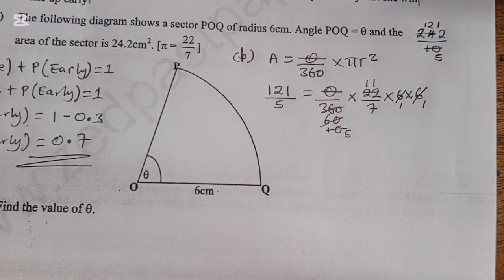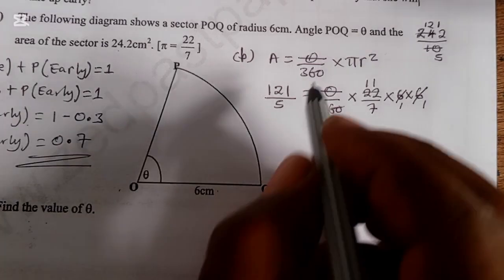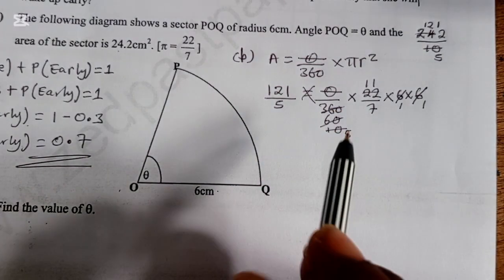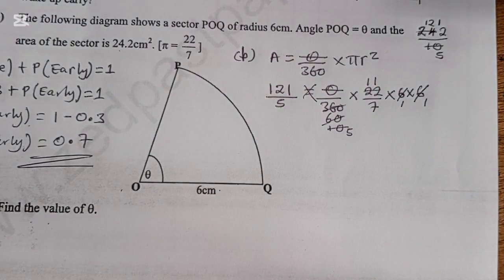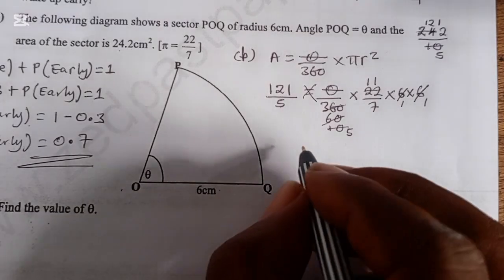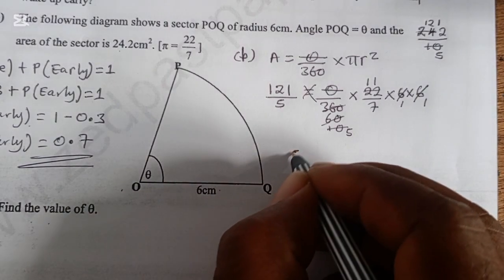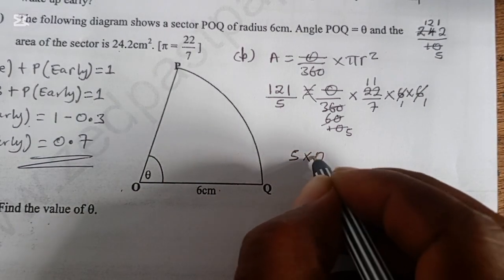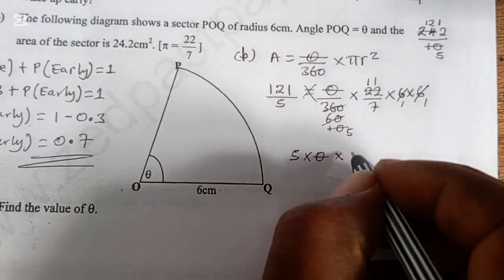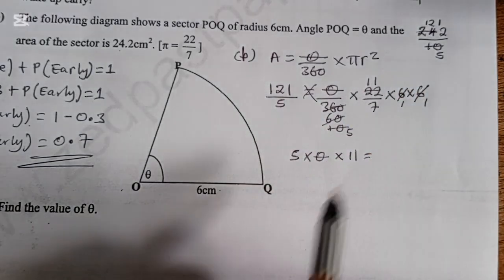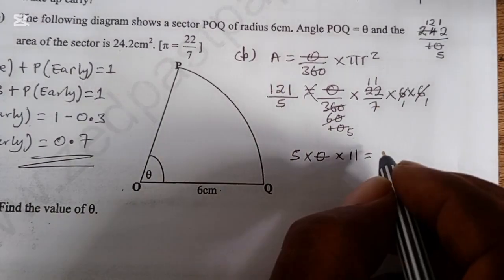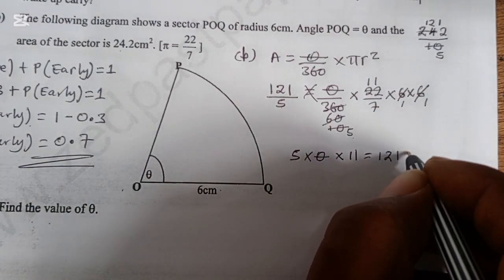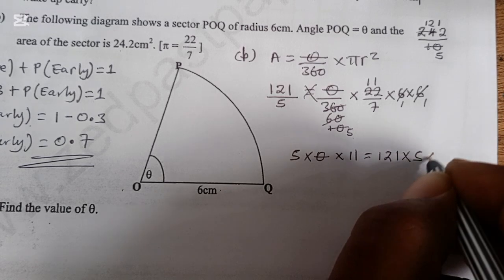So from there, I'm going to cross multiply, where you have 5 times theta times 11 equals 121 times 5 times 7.